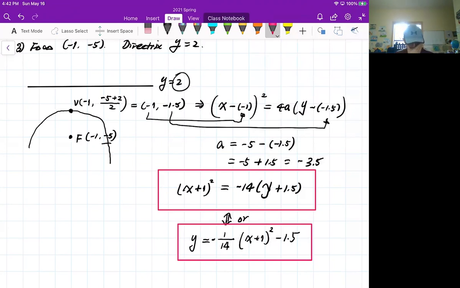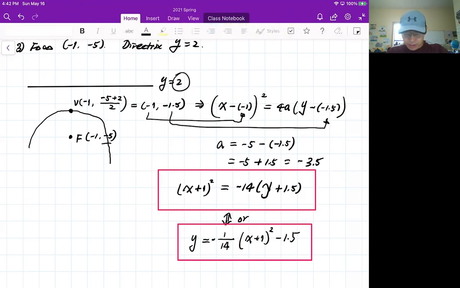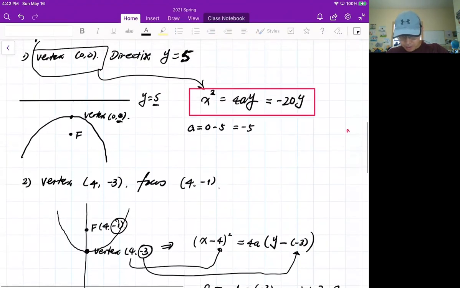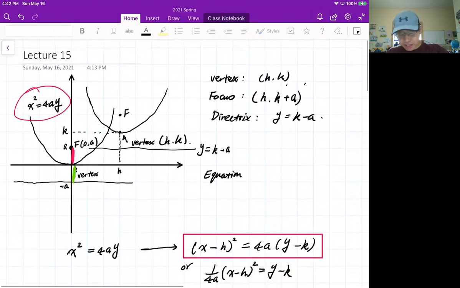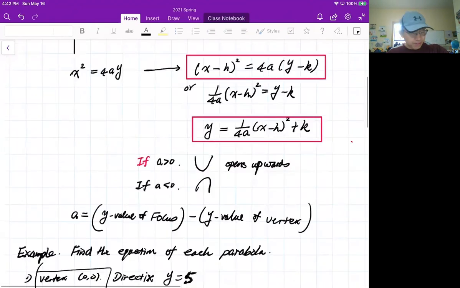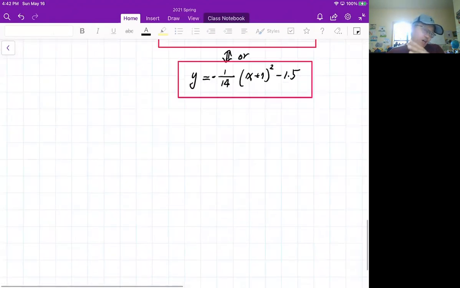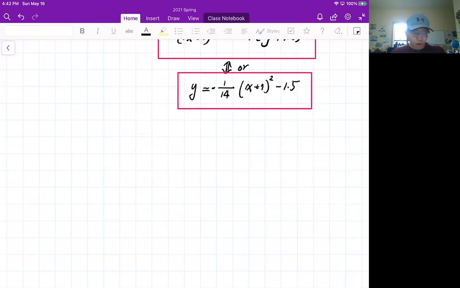Excellent. Now I'm going to give you another form for the parabola. So far so good. The parabola is opening up, or the parabola is opening downwards. But what happens if the parabola could open to the left or could open to the right? In this case, let me just write down the equation here.